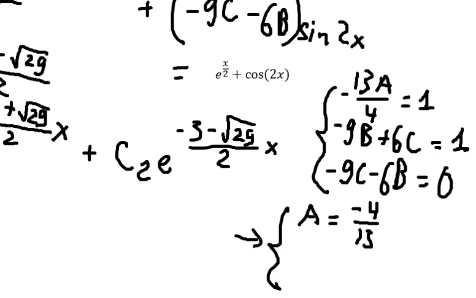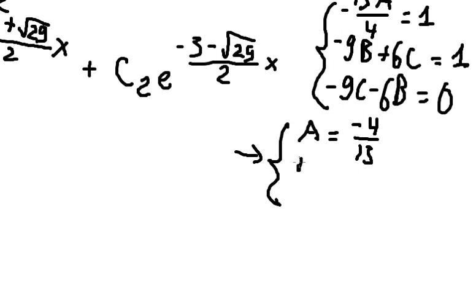This one, that is b equals negative 1 over 13. And the next one, c equals 2 over 39.